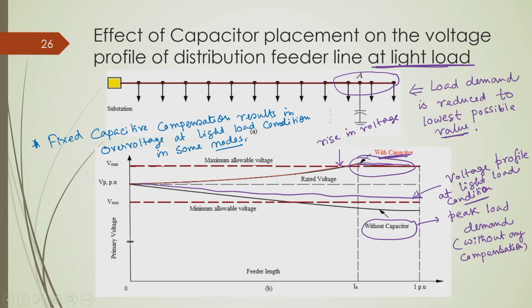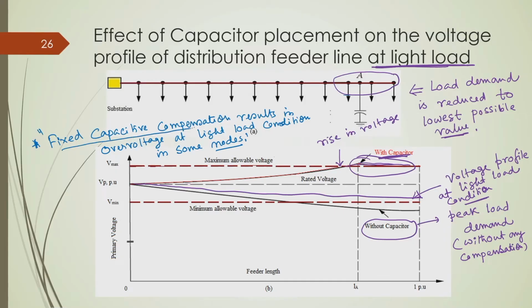So, some of the customers who are located near to the capacitor, who were in fact experiencing under voltage previously during peak load condition, we will see that they are suffering from over voltage condition due to the fixed capacitor compensation, and therefore, this fixed capacitor compensation cannot be used throughout the day, and we need a varying capacitive compensation.